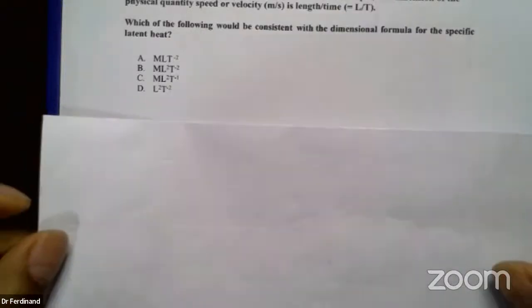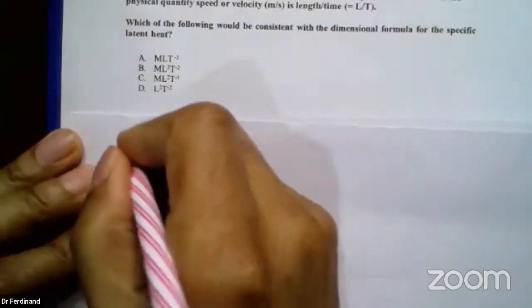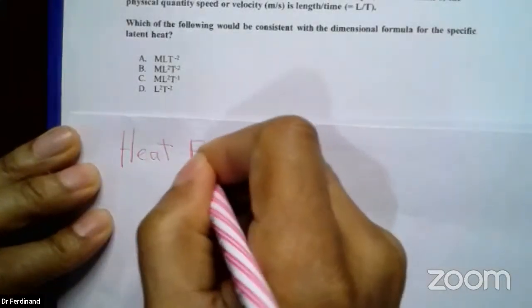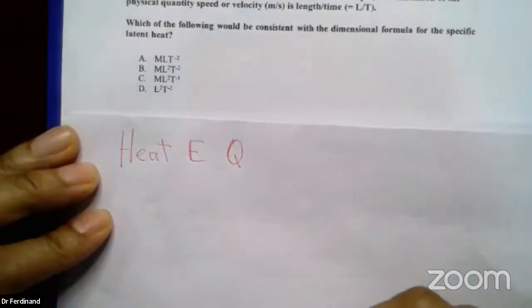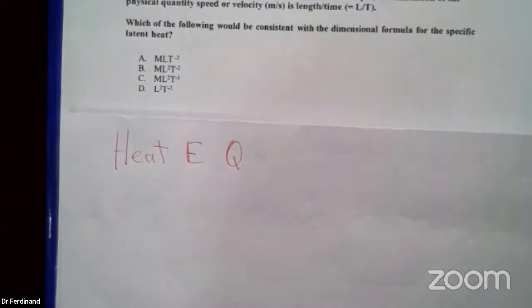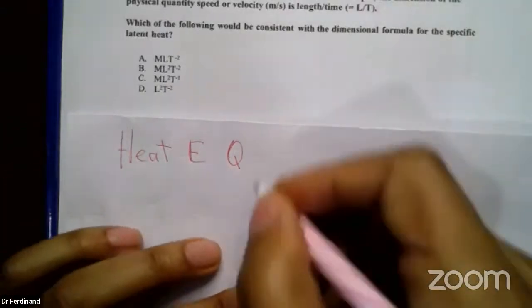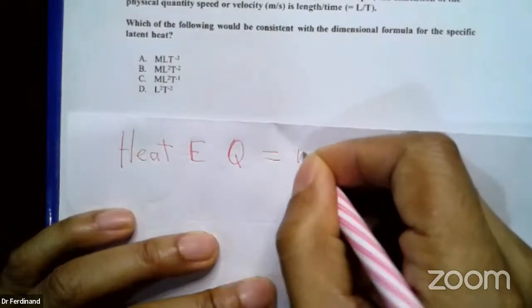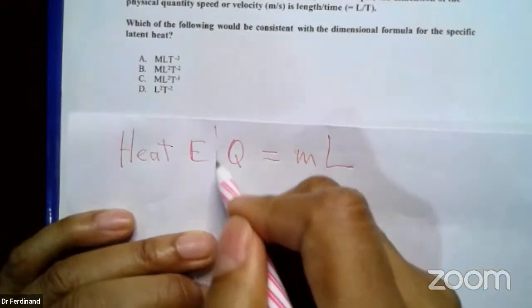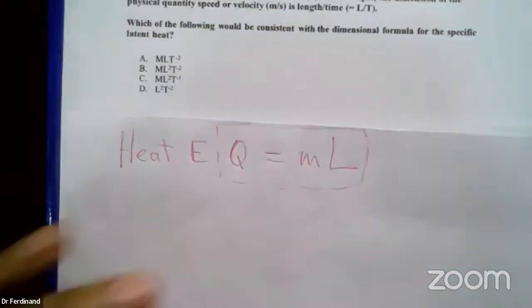So we have a measure of heat energy, which is Q. The specific latent heat of a material is a measure of the heat energy per mass released and absorbed during the phase change, and defined through the formula Q is equal to mL. So this is the equation that we are provided.